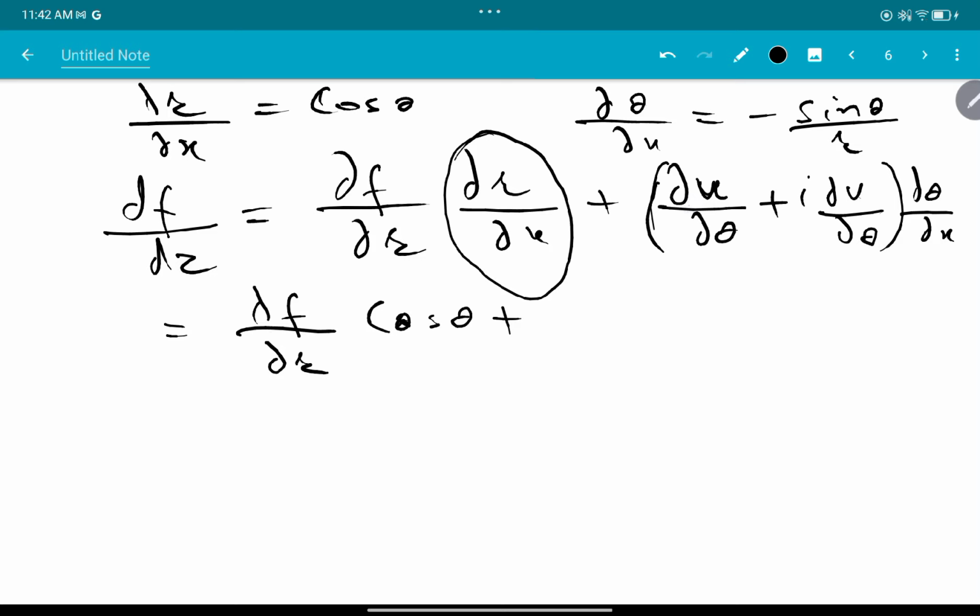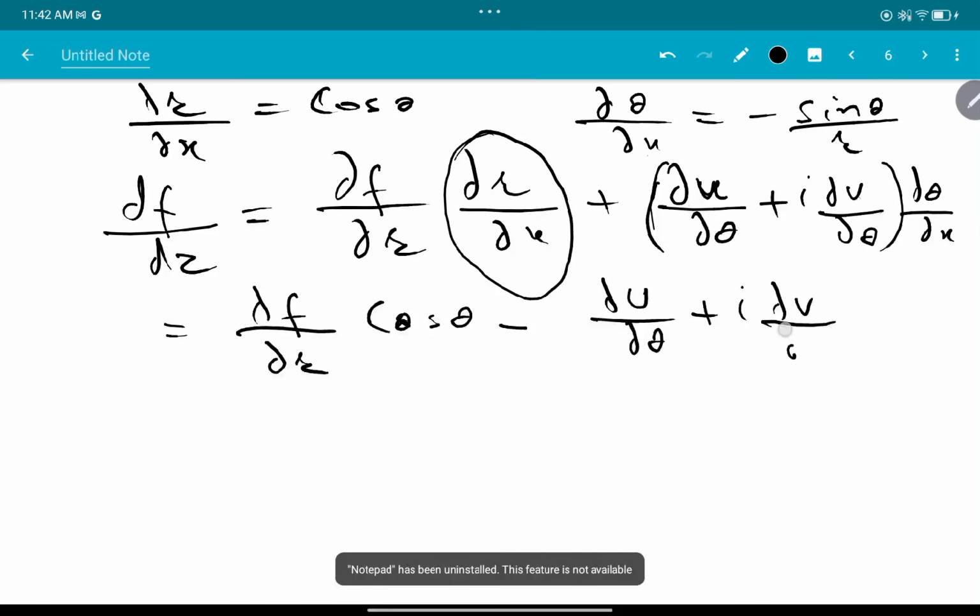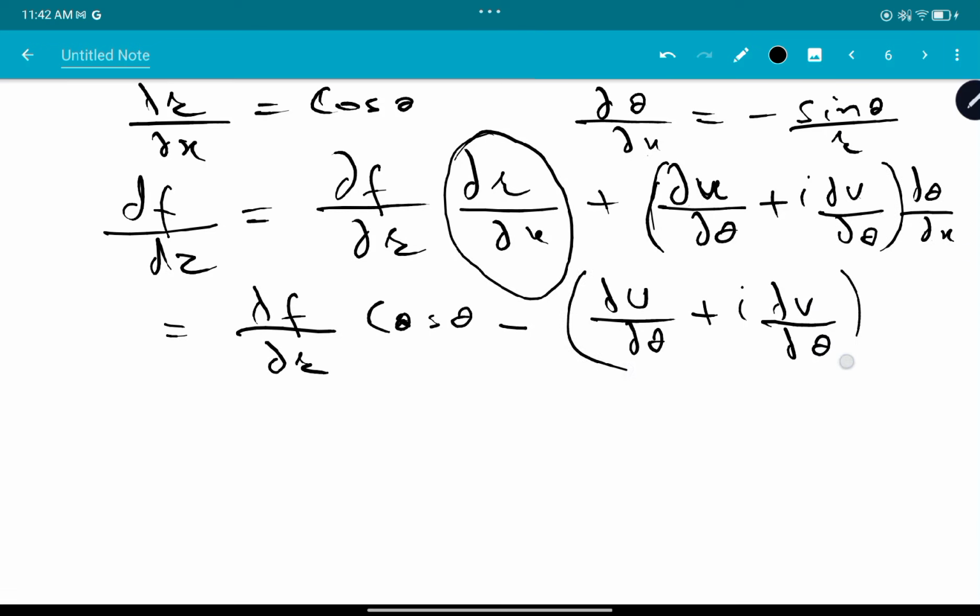Now minus sine theta by r is del theta by del x, so I will write minus sine theta into del u by del theta plus i del v by del theta, and into of course sine theta by r.